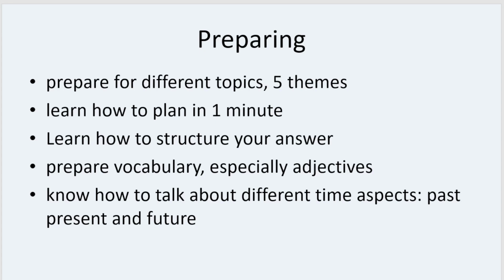Learn how to structure your answer. So I teach people you normally need 3 or 4 main ideas. Each one becomes a paragraph in your answer. Prepare some vocabulary, especially adjectives and idiomatic expressions. And then the last one, just the different time aspects. Make sure you can talk about past, present, and future.